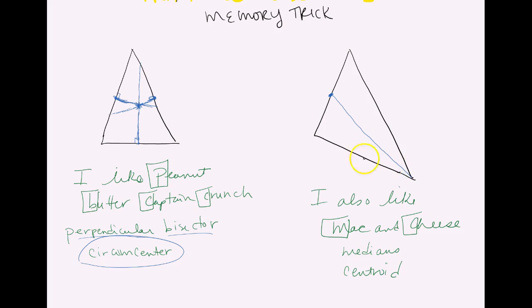So here I am on this segment, find the middle. From the middle, draw to the opposite angle. And then same thing here. Find the middle of the third side, maybe about right there, and then draw over to the opposite vertex. And ideally, if you do this right, all three of them are going to cross together somewhere in this triangle, and that is what's called the centroid, okay?